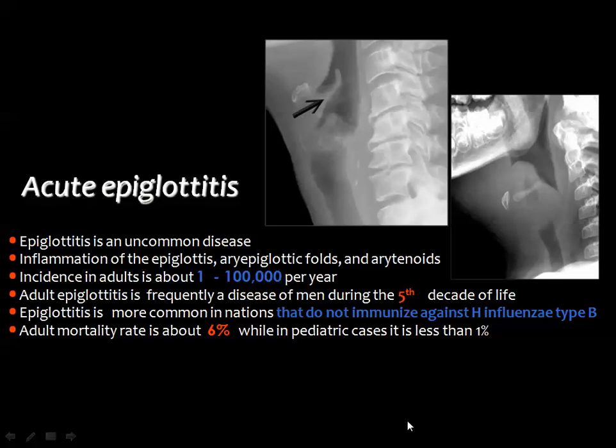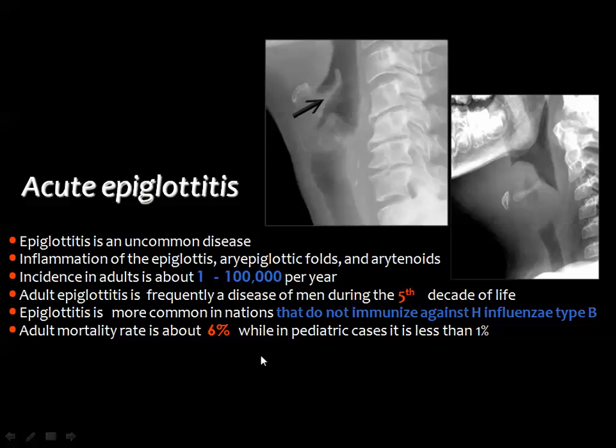One of the inflammatory lesions in the neck is acute epiglottitis, which is considered uncommon, and the incidence is about 1 per 100,000 per year. Epiglottitis is a disease of adults in most cases, and it presents usually in the fifth decade.